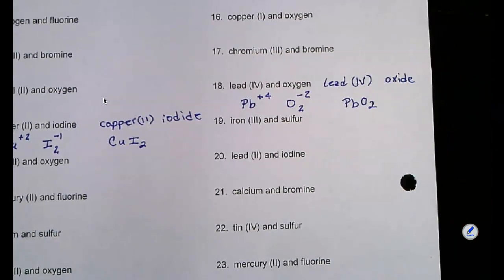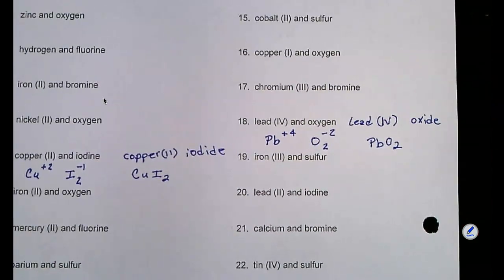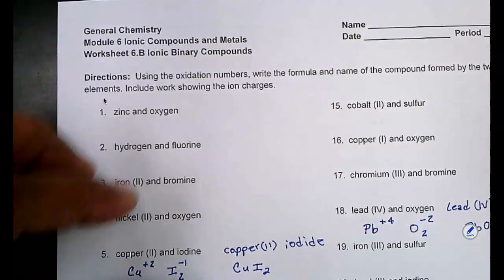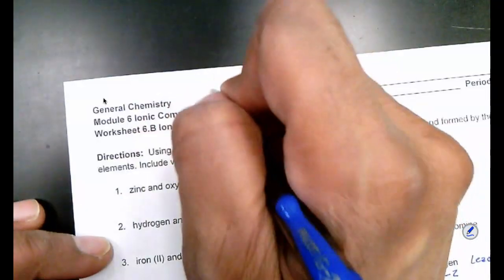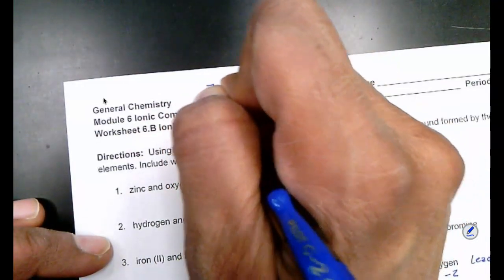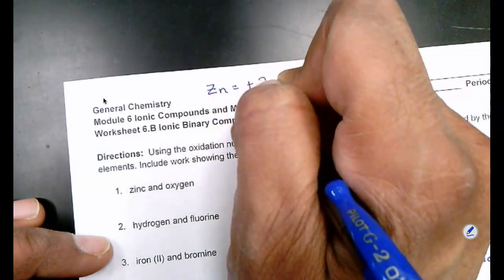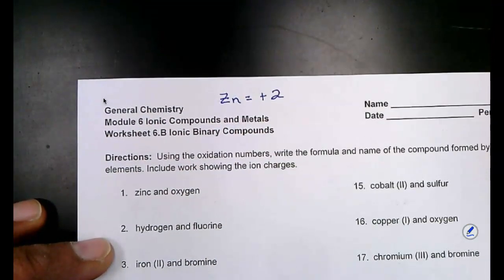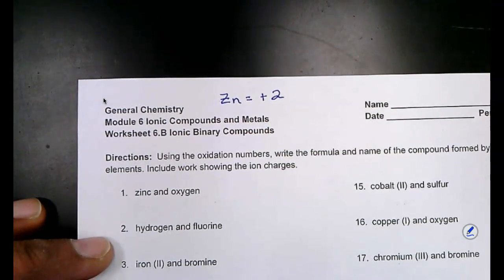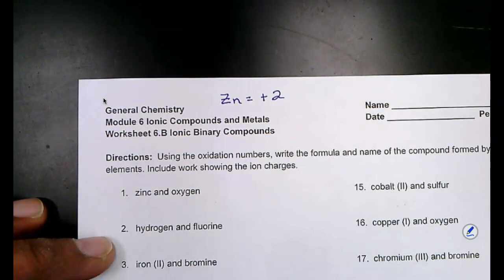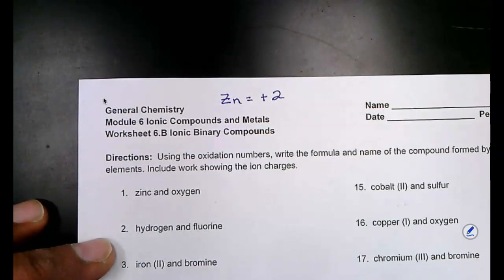One thing that I forgot to mention to most classes on Friday, but I'm going to mention it now, is that zinc, it's a transition metal. Zinc is always going to have a plus 2 charge, and you'll never use a Roman numeral. Okay? So zinc's a plus 2 charge. It is a transition metal, but it's always going to be a plus 2, and you are never going to use a Roman numeral with it.